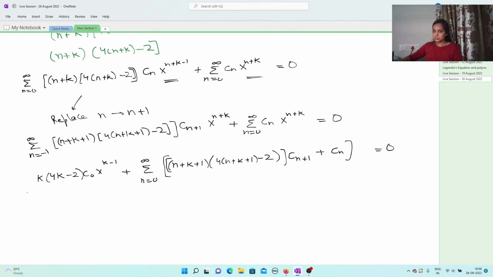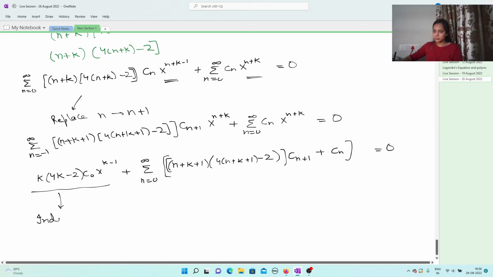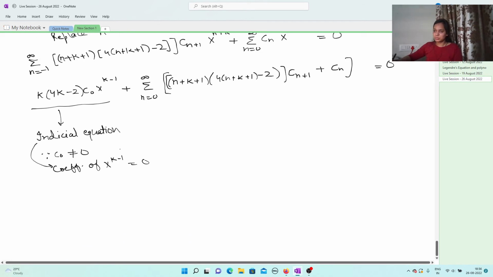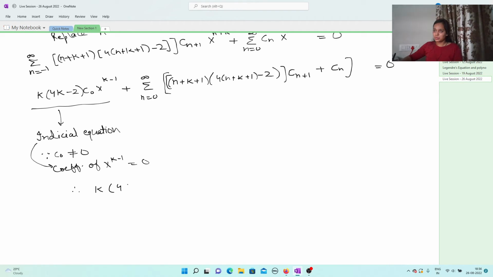Okay, so from this term what we can get is the indicial equation. Since c_0 cannot be 0, the coefficient of x^(k-1) has to be 0, and c_0 cannot be 0, therefore k into (4k minus 2) has to be 0.